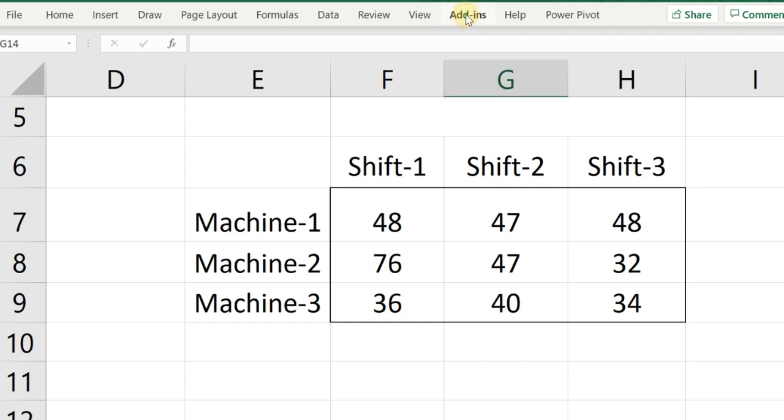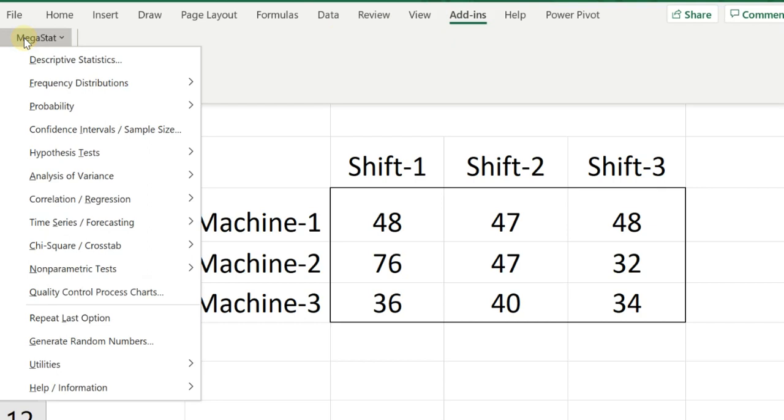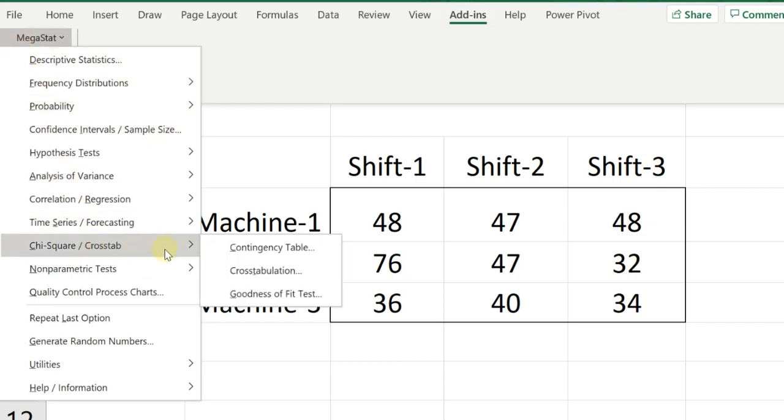You go to add-ins, and then you go to Megastat. Go down to chi-square cross-tabulation. Cross-tab. Now, it gives you 3 options to the right: goodness of fit, cross-tabs, contingency table. The easiest way to do this is to do a contingency table.